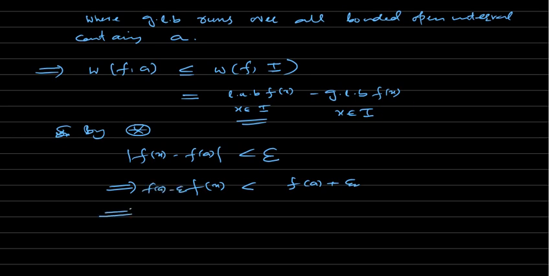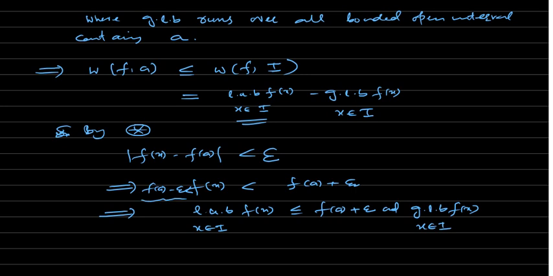So the least upper bound of f(x) whenever x is in I is less than or equal to f(a) plus epsilon, and the greatest lower bound of f(x) whenever x is in I is greater than or equal to f(a) minus epsilon. Name it double star.